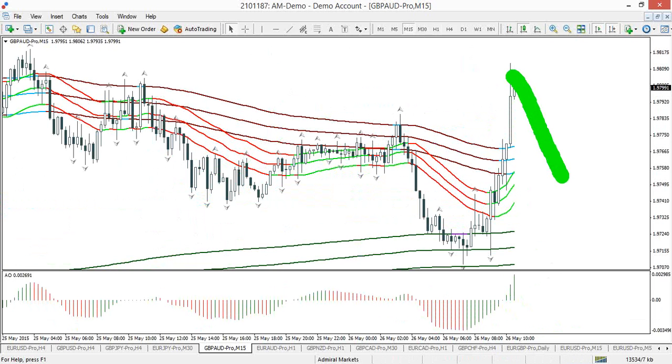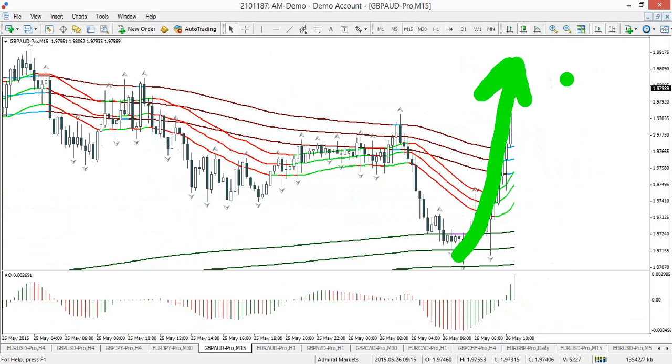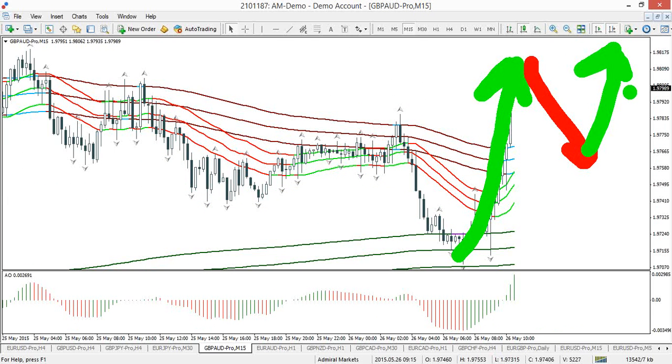And the same as the pound yen, basically wait for a pullback. This is a break, pullback, continue. Typically, when you have so much momentum pushing price out of the moving averages, kind of piercing through those moving averages, often, because this is the first kind of punch, you will get a retracement, and typically you will get a follow through if the momentum is strong.